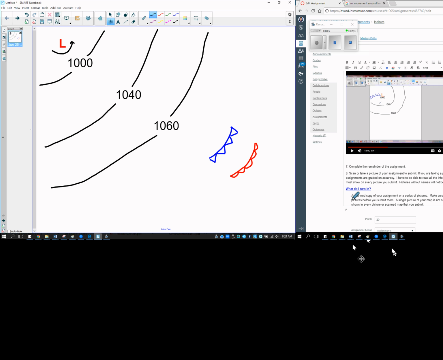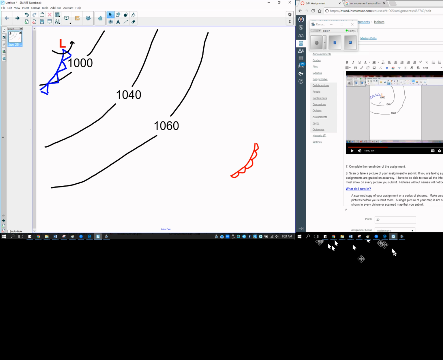The symbols on our front line tell us which direction the front is moving. So in this case, we would start our front from our area of low pressure, extending outwards with our front symbols showing that counterclockwise directional flow.